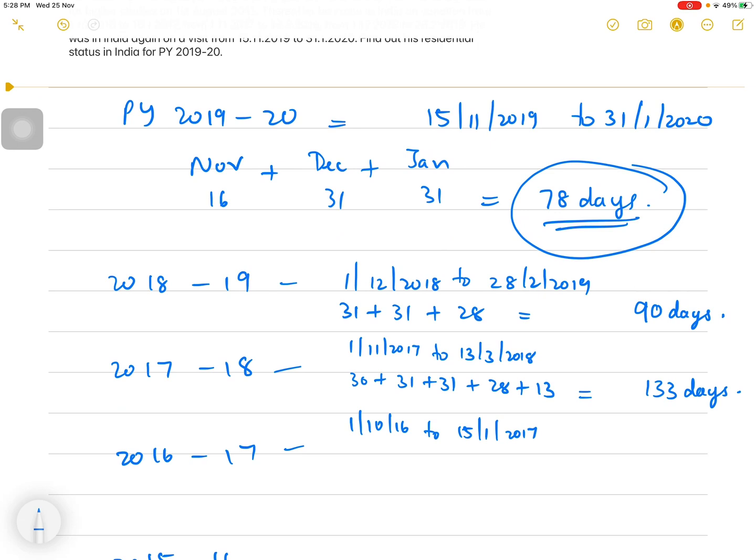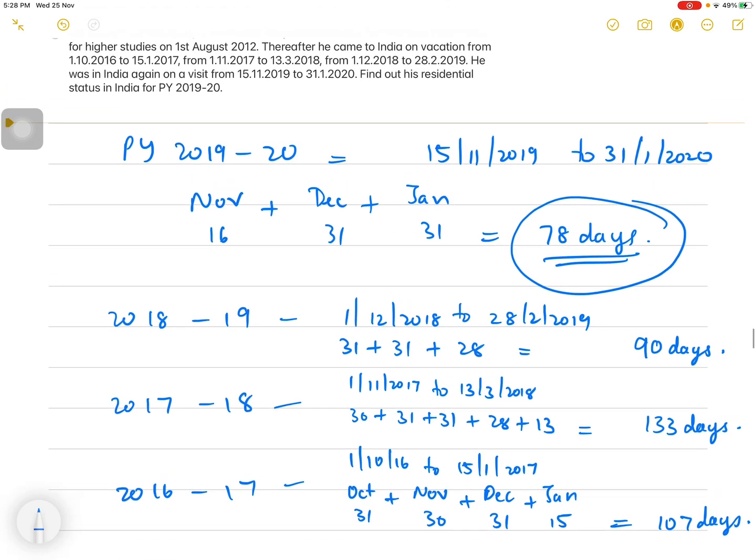Okay, so October 31 days, November 30 days, December 31 days, and January 15 days. So 107 days.